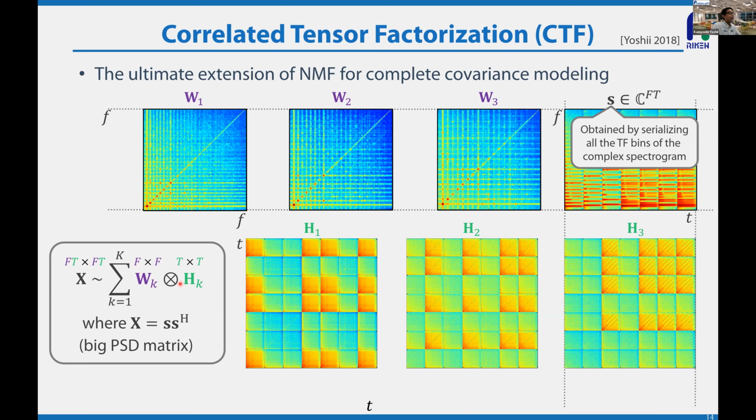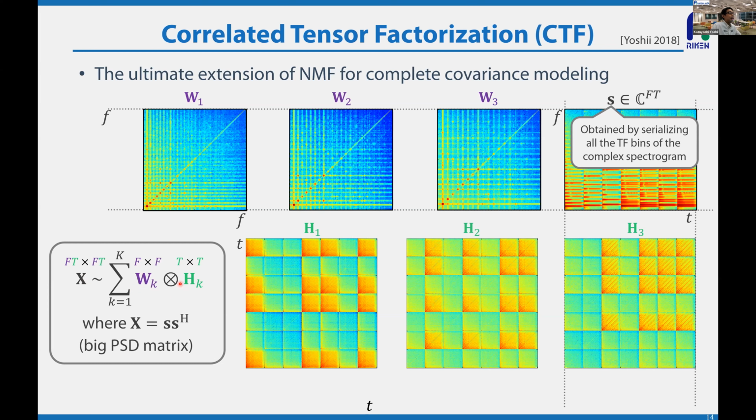And finally, this is the probabilistic model behind CTF. Here, the whole complex spectrum over the time-frequency domain is stochastically generated according to this complex Gaussian distribution. This is the F by F matrix, this is the T by T matrix, and this is a Kronecker product.